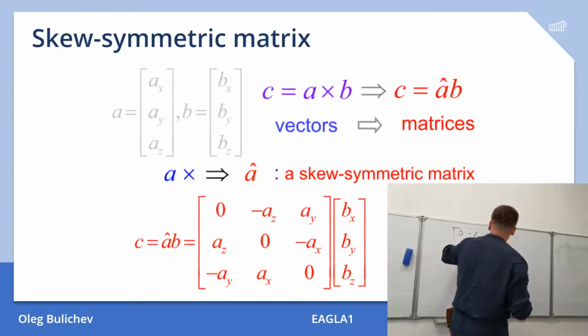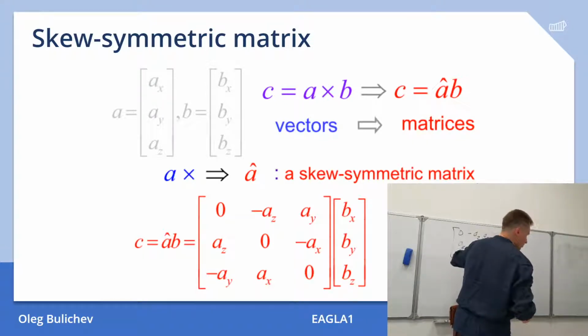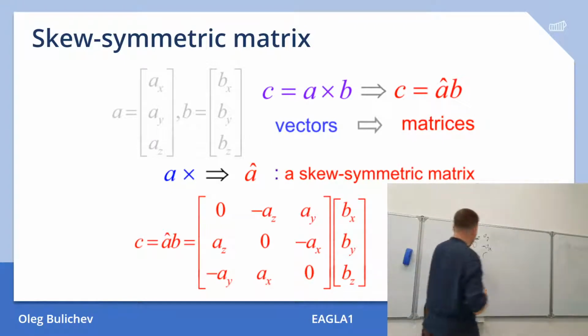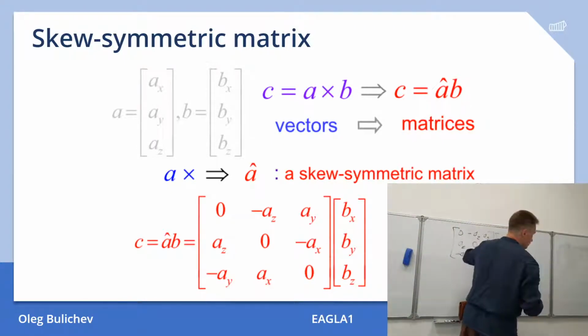You can either figure out how to derive this or just learn it by heart as I did. You should have zeros on the diagonal and write it by x, by y, by z.